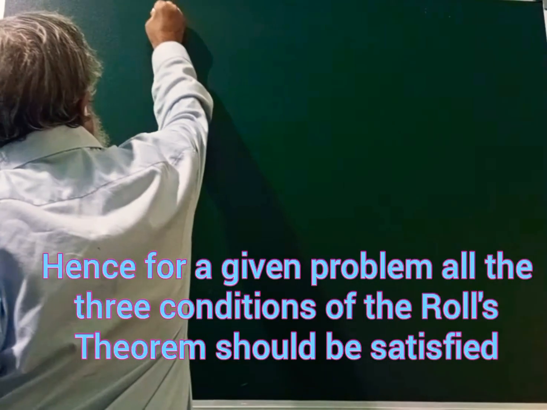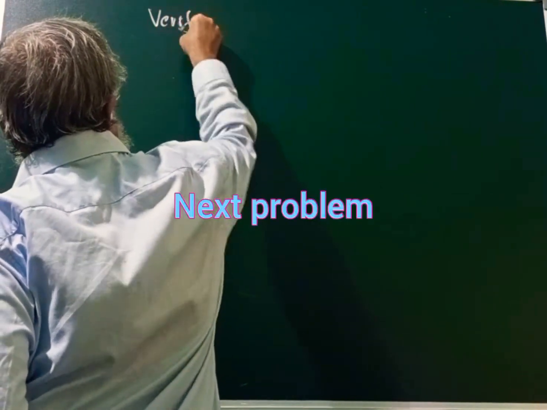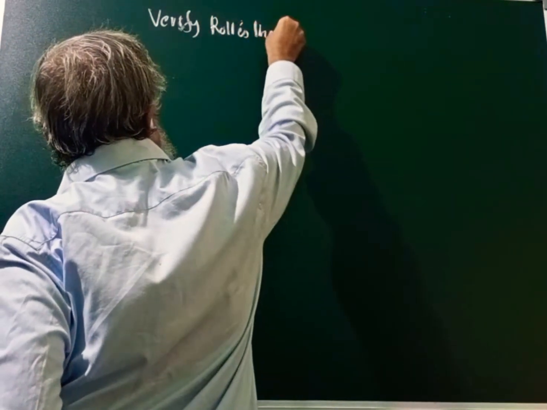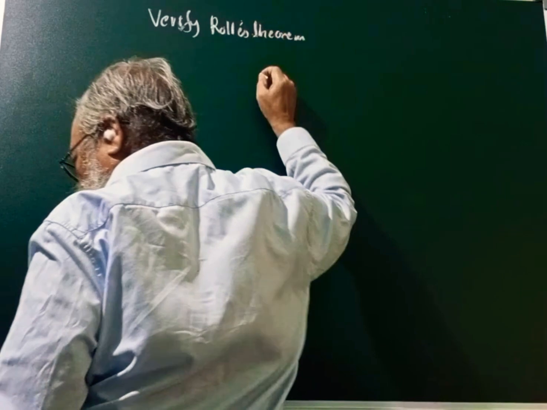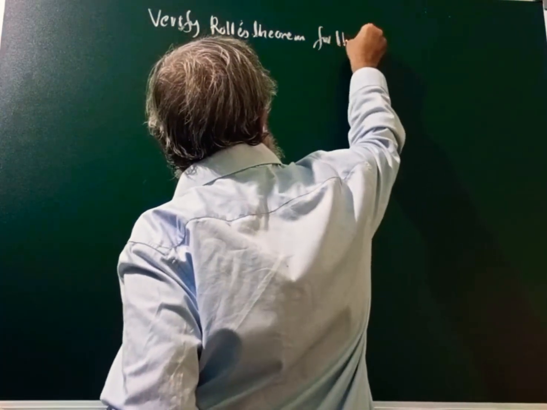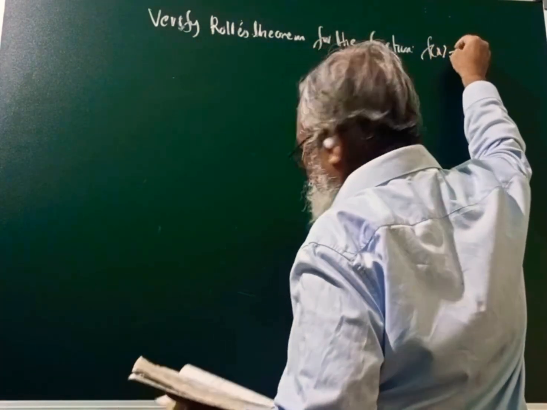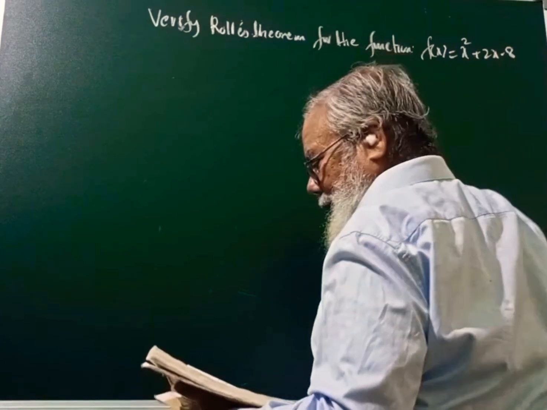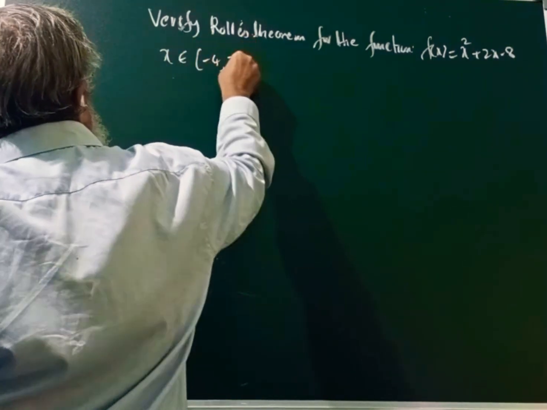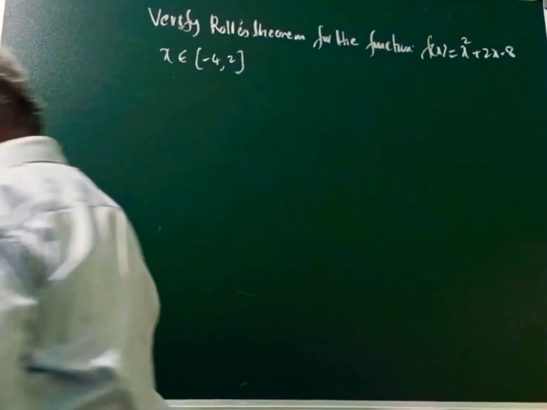Rolle's theorem. Verify Rolle's theorem for the function f(x) equal to x square plus 2x minus 8, x belongs to minus 4 to 2.